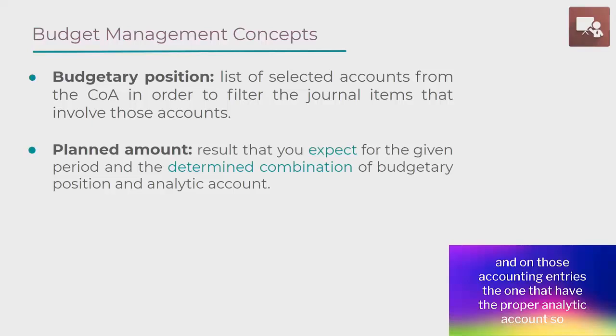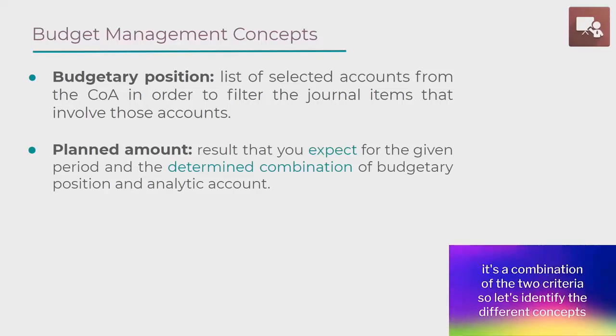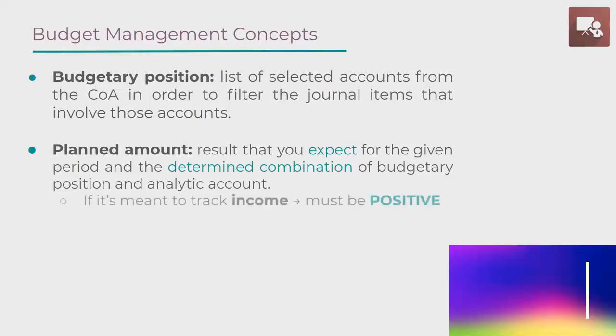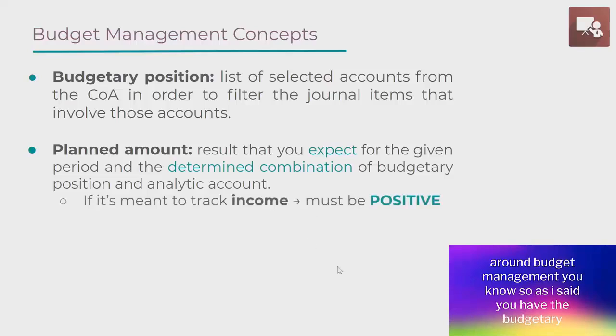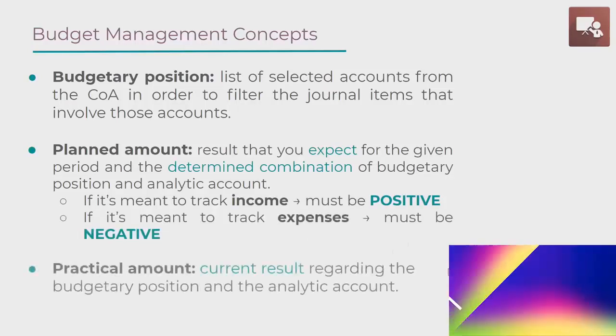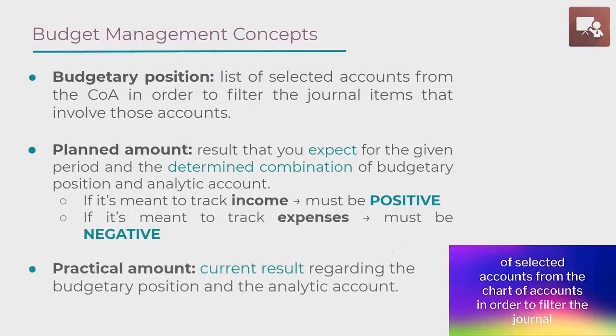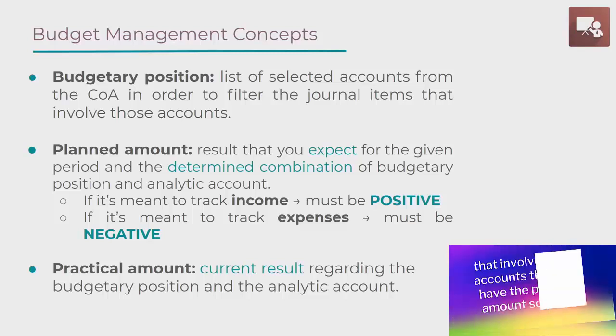So let's identify the different concepts around budget management. As I said, you have the budgetary position, a set of selected accounts from the chart of accounts, in order to filter the journal items that involve those accounts. Then you have the planned amount. In the budget lines, you're going to have different types of amounts.